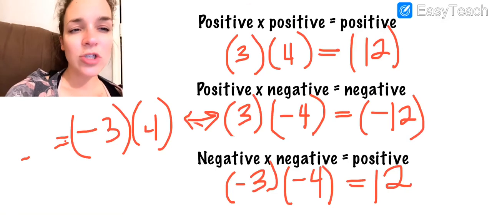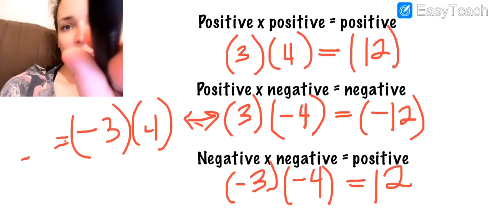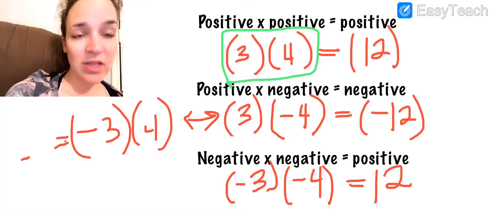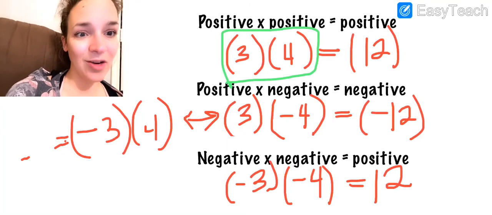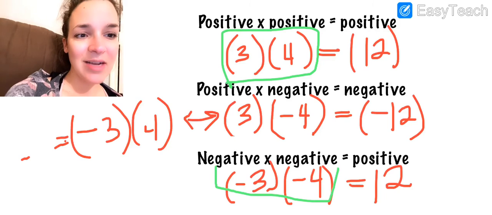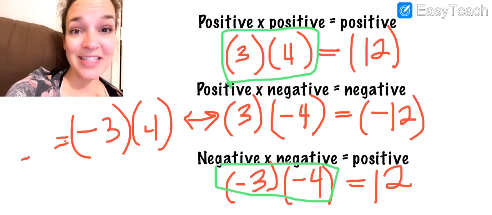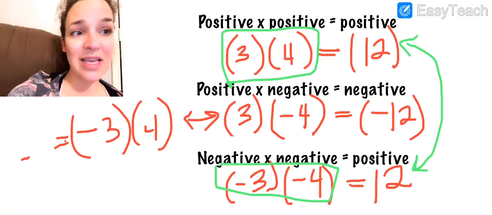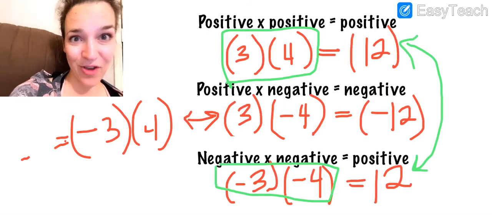So I want you to notice here that up here, when we did positive times positive, our signs were the same. Down here, when we do negative times negative, our signs are the same. Both answers result in a positive, okay?